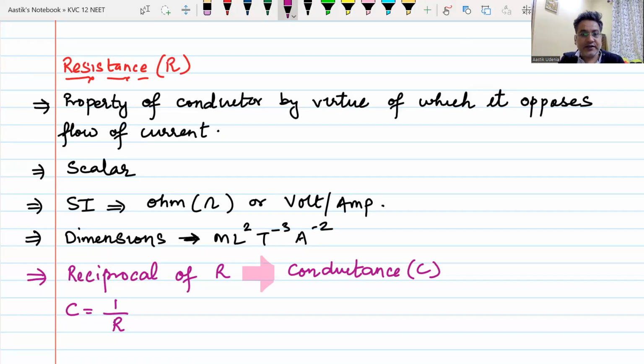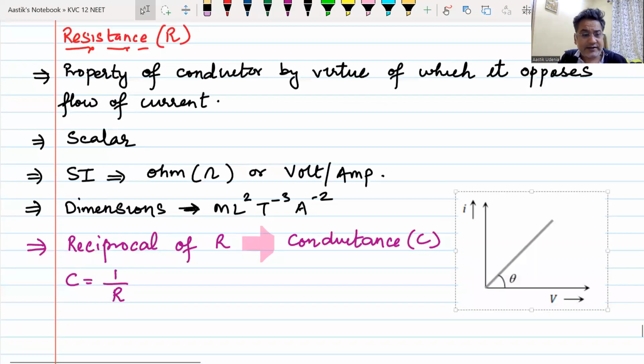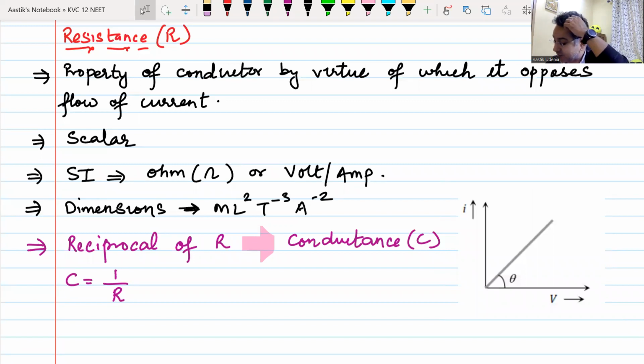Now, sometimes, instead of giving you the graph between V and I, with V on the y-axis and I on the x-axis, they might give you a graph where I is plotted on the y-axis and V is plotted on the x-axis. Do you understand the difference between these two graphs?